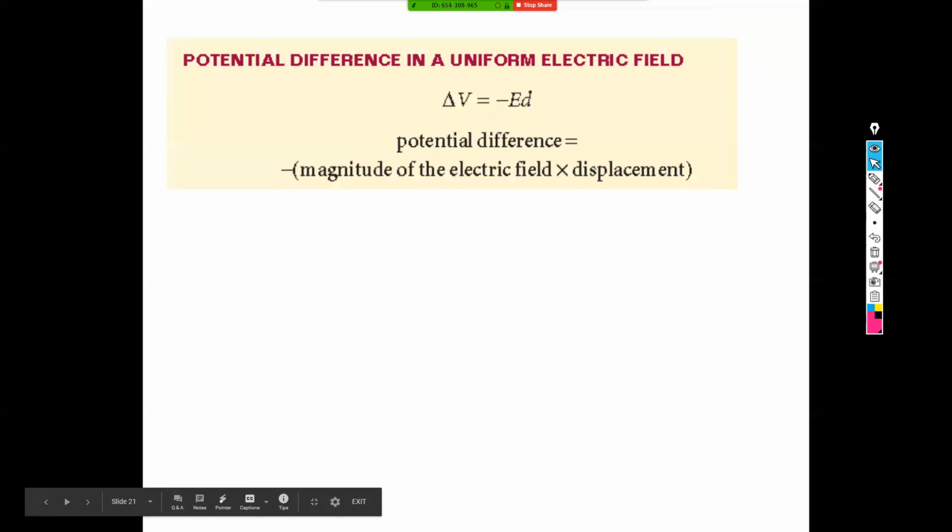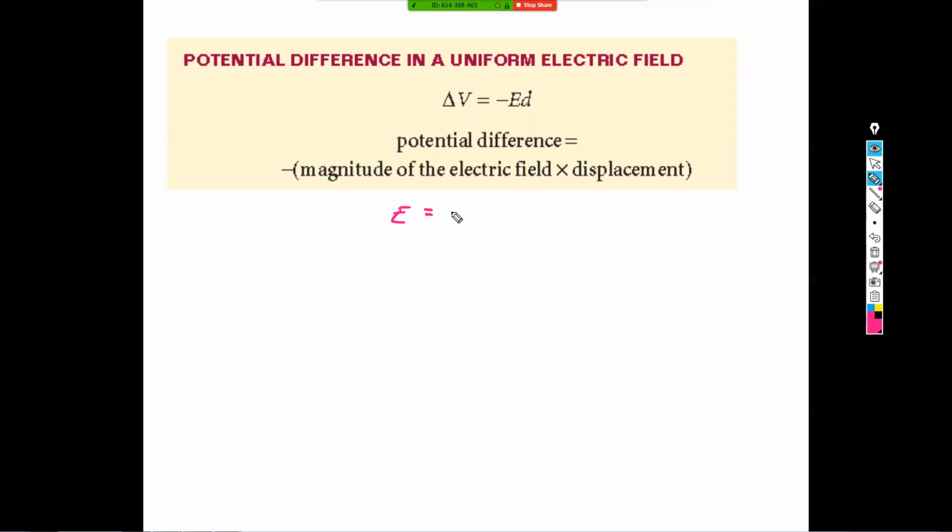We talked about newtons per coulomb, which is typically what you might see for electric field. If you look at this format, you have your electric field and distance, which is in meters.